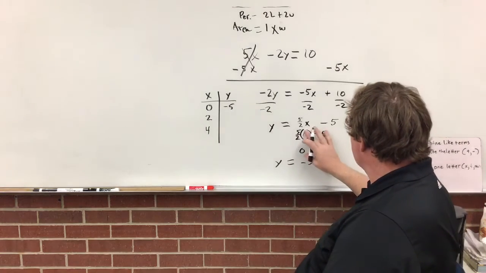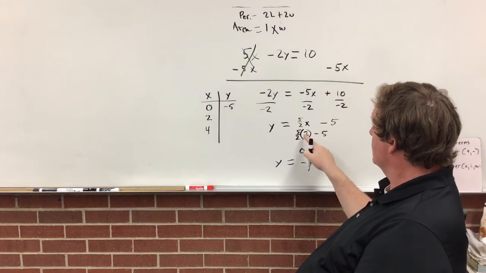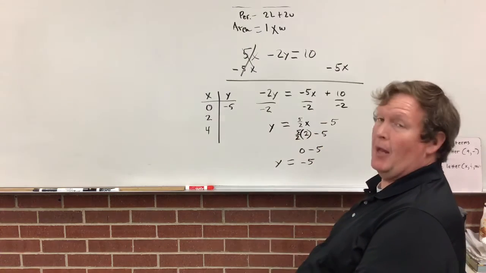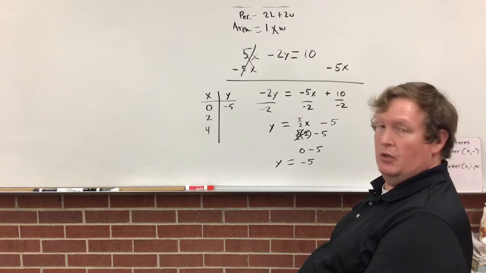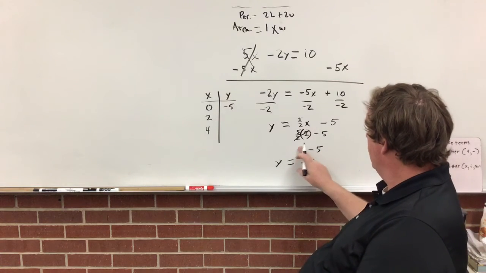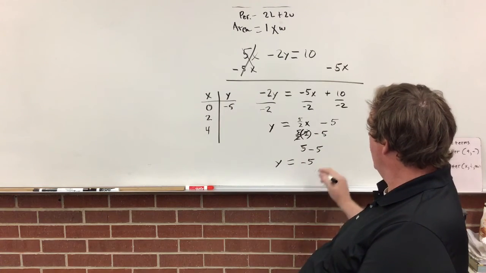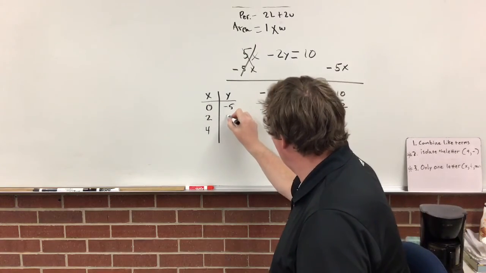Okay, so now let's substitute in 2. When you do this, you take this number times the top number, or you can cancel out 2 and 2 there, and then what do you have left? 5. Okay, so if x is 2, then y in that situation is going to be 0.